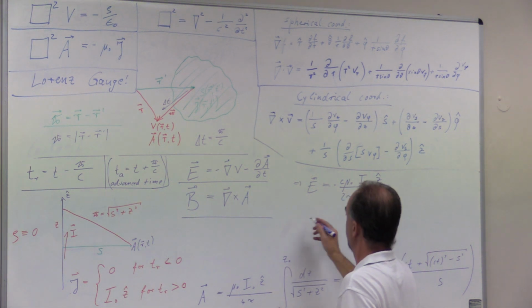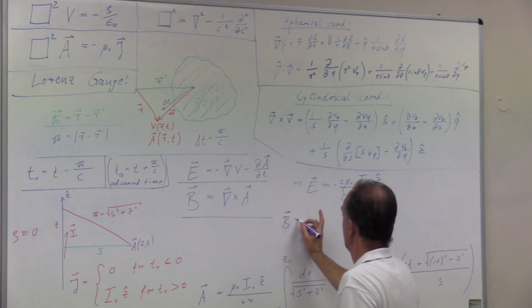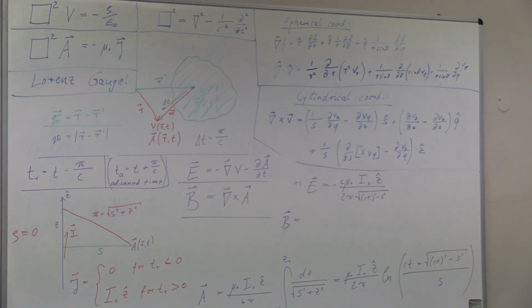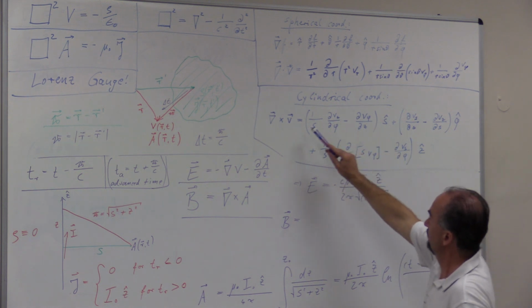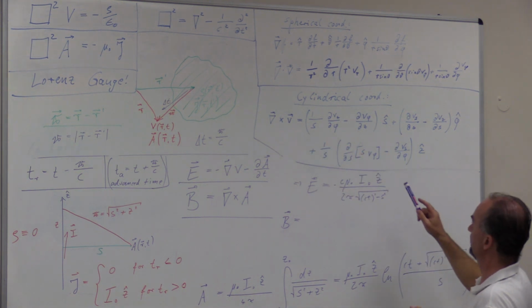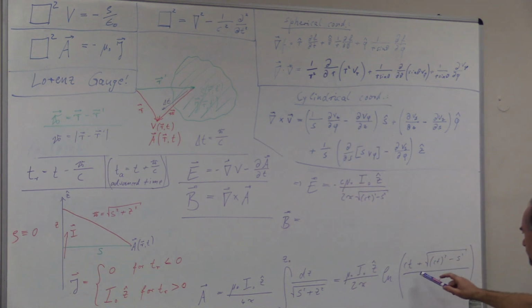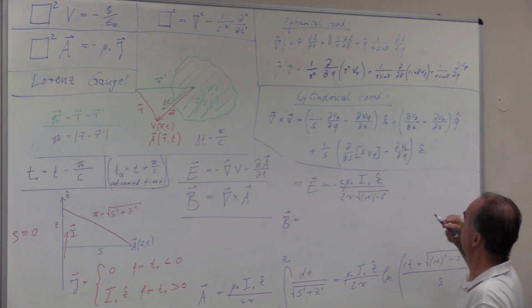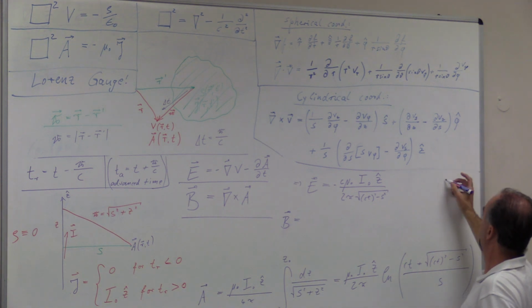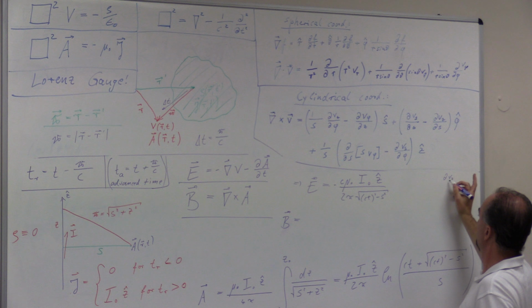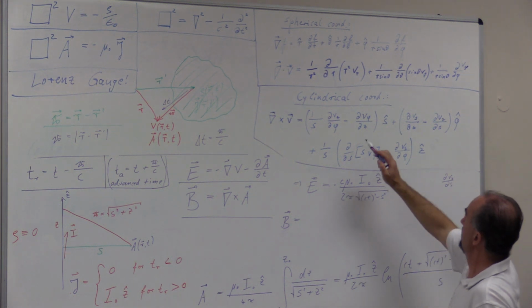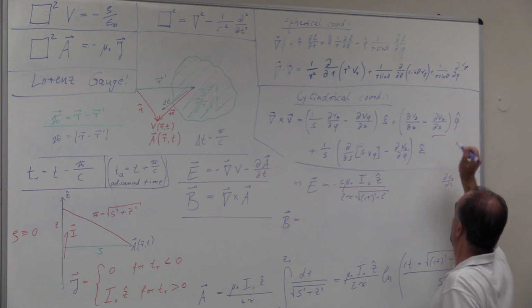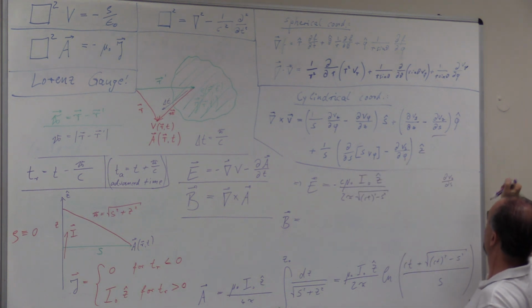And the magnetic field B as the curl of A gives us curl, well, what comes in. So that's why I wrote this down here. We only have a z component, and that only depends on this perpendicular, this s variable, right? So we need to look for the z over the s here. There's no other term like that.